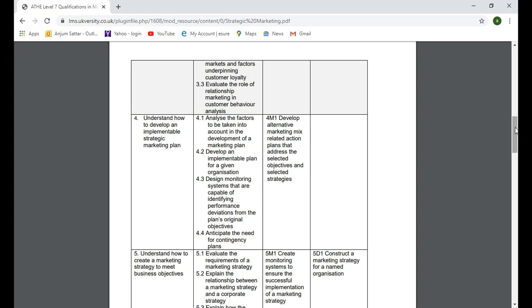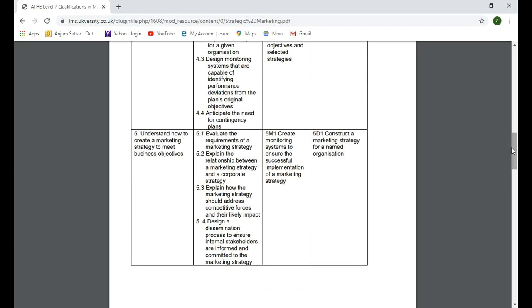We discussed within our marketing plan the marketing audit, marketing analysis, a marketing budget, and the monitoring and control system we need to have in place within our organization. We also discussed the marketing mix, the 4 P's, and the 4 C's as well: product, price, promotion, and place. And those we discussed during our last lesson.